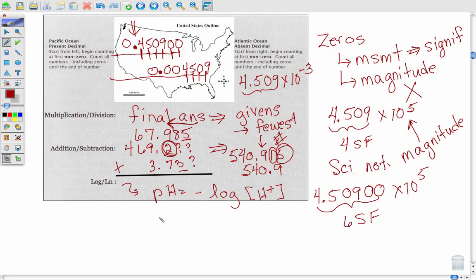Now, when we do this, if I had a concentration, so if my log was log of 4.678 times 10 to the minus fourth, we're going to learn to estimate this later, we would have a pH of 3.3299.